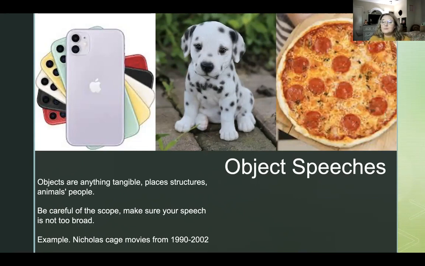An example of this would be Nicolas Cage. Let's say that you've been dreaming of giving an informative speech about Nicolas Cage your whole life. Well, do you want to talk about Nicolas Cage from the day he was born to today? Or would you prefer to give a speech that's just about Nicolas Cage's movies from 1990 to 2002?